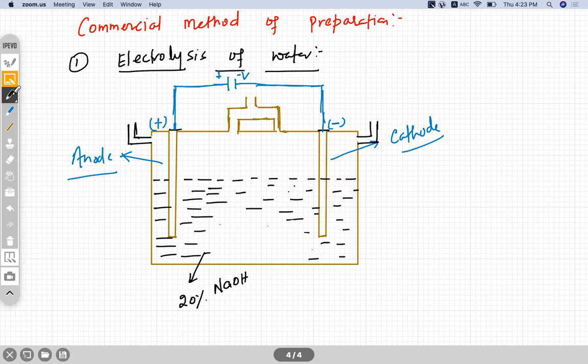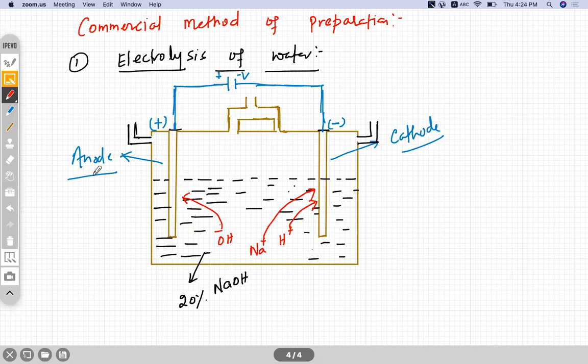These are the ions present. When the rod becomes negatively charged, all these positively charged ions are attracted towards the negative electrode, that is cathode. And the negatively charged ions are attracted towards the positive electrode, that is anode, like this.